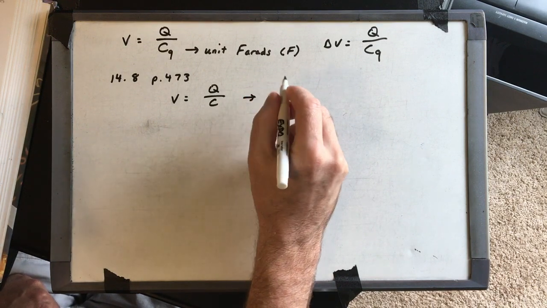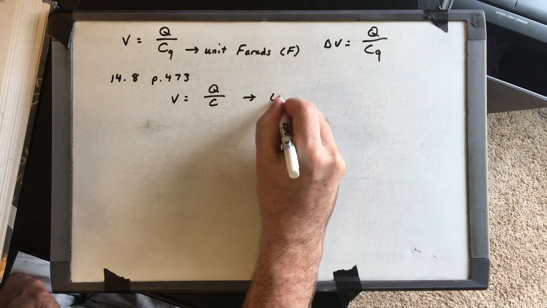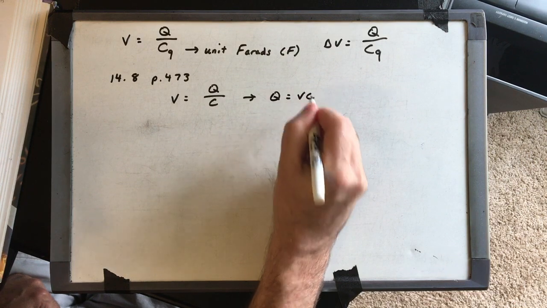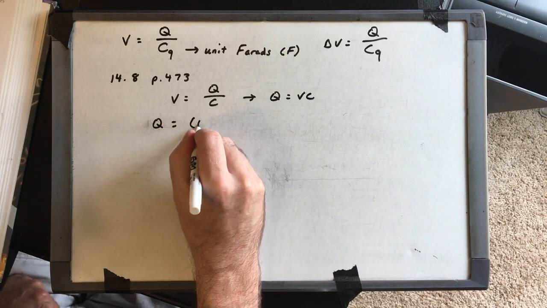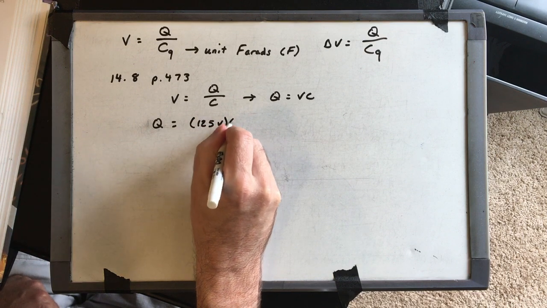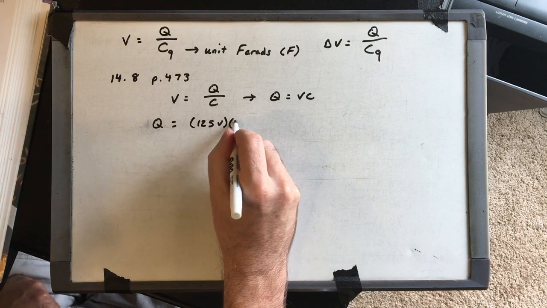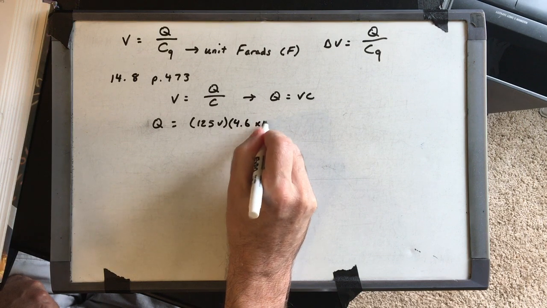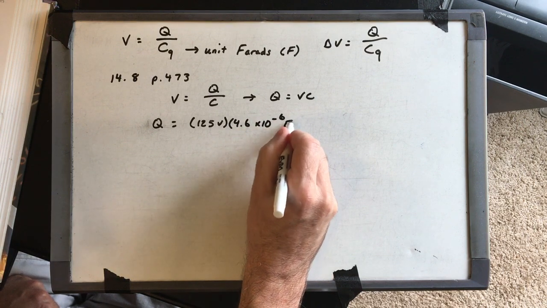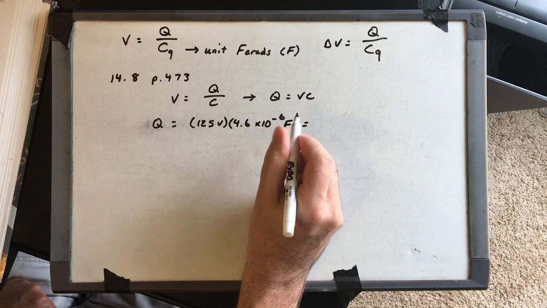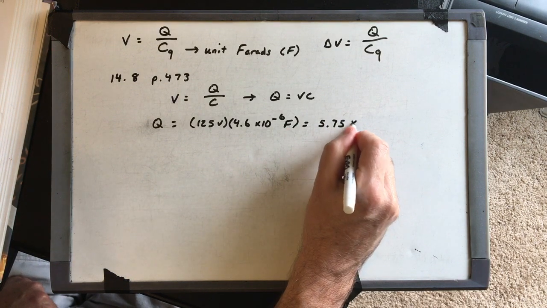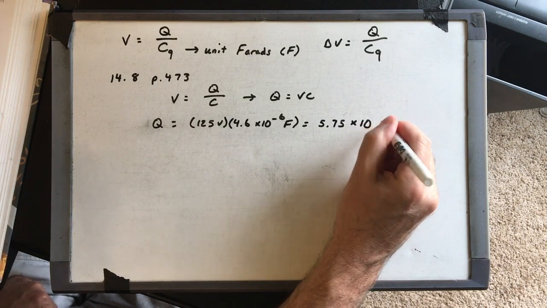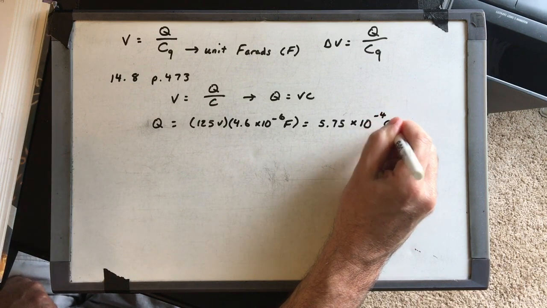We're solving for charge, for Q. So Q is equal to voltage times capacitance. So that's 125 volts times 4.6 times 10 to the minus 6 farads. And that is 5.75 times 10 to the minus 4 coulombs.